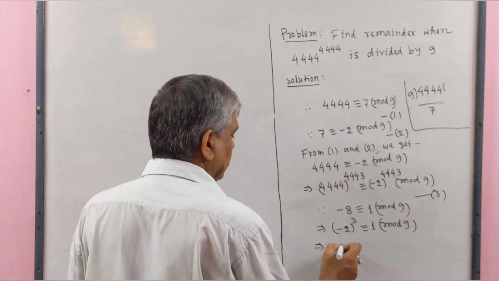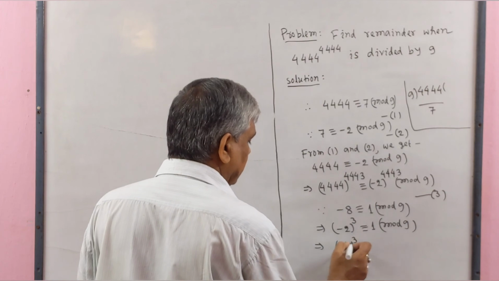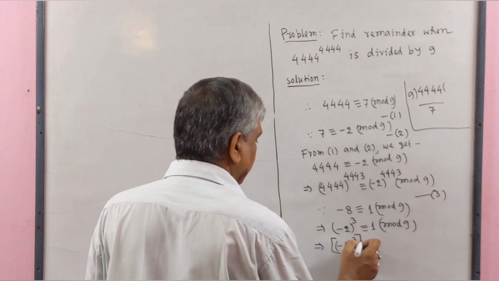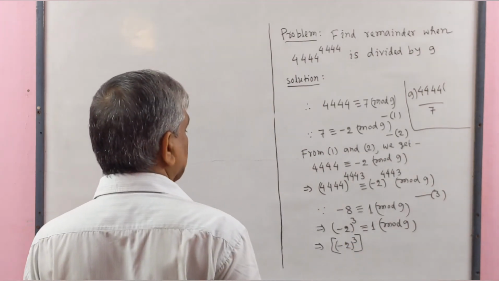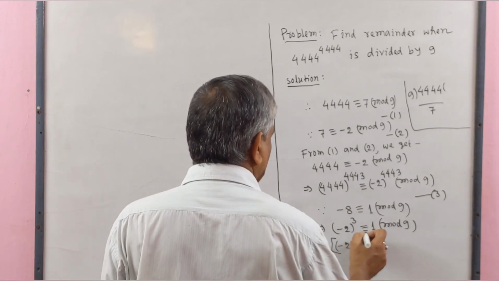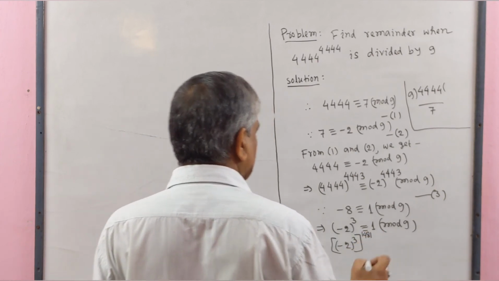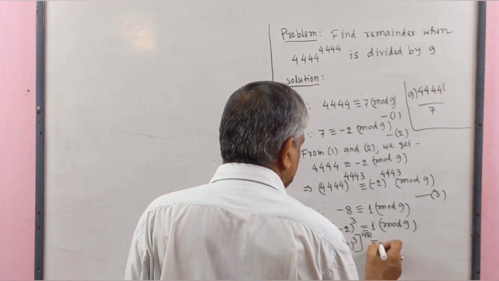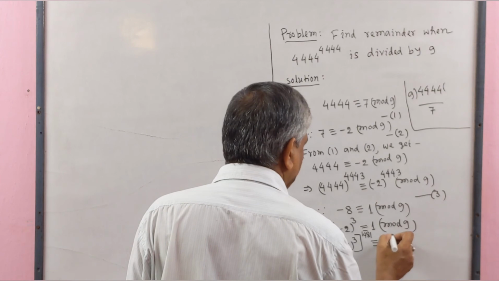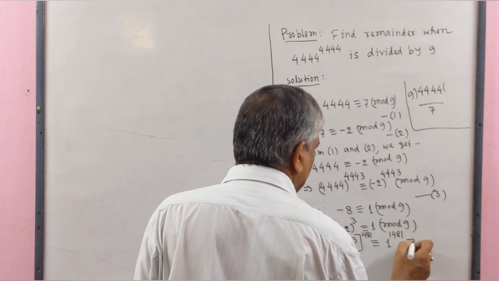This implies that (-2 to the power 3) to the power 1481 is congruent to 1 to the power 1481 modulo 9.